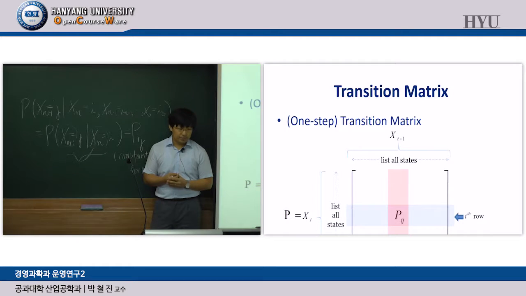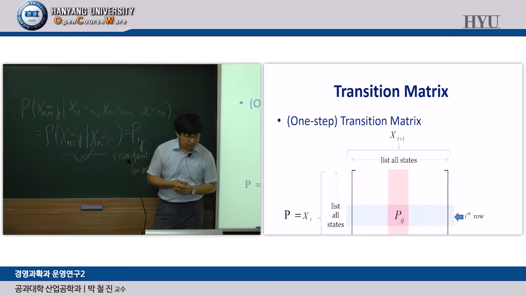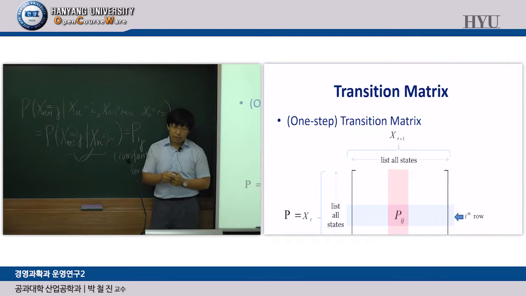How many? When we construct a transition matrix, as I said before, the transition matrix includes all the possible one-step transition probabilities. So how many different cases when we construct this matrix?